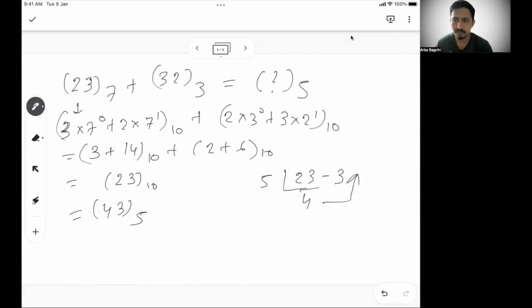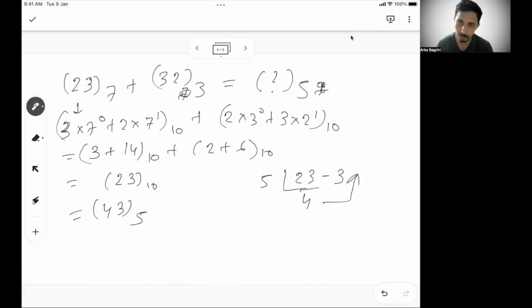Even if multiple base systems are given, or let's say 23 in base 7 and 32 again in base 7, and asking what is the value in base 7. The idea here is, even if the addition and subtraction are all in the same base system, there is no point learning the addition, subtraction of a defined base system.